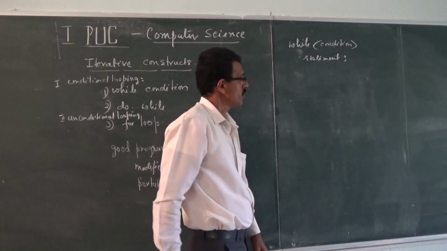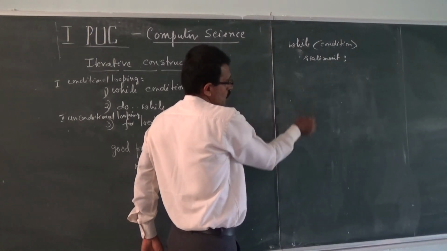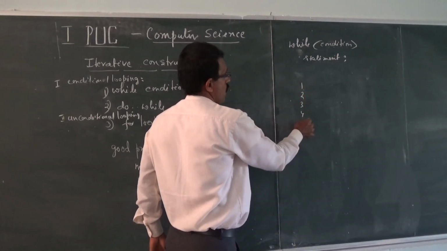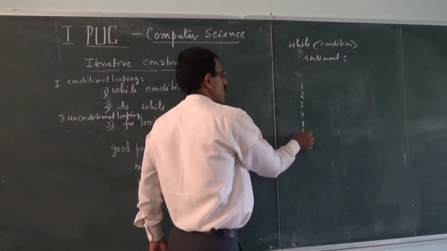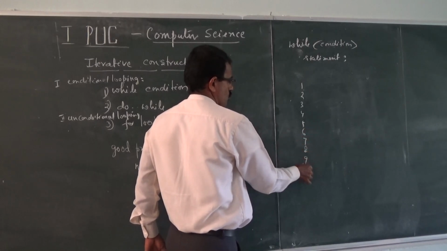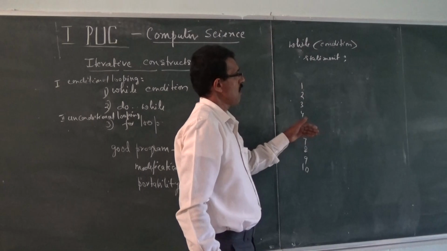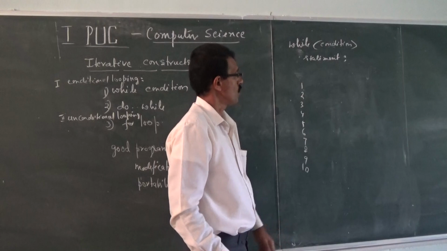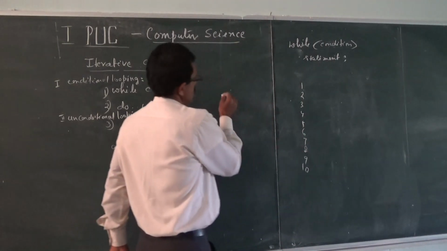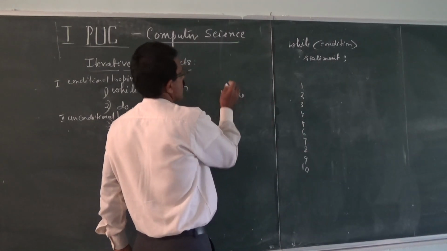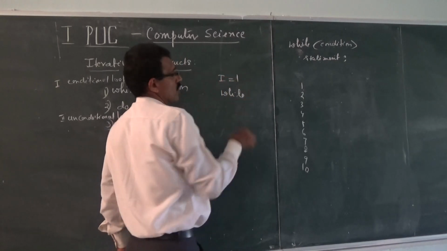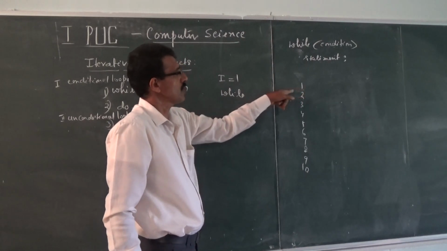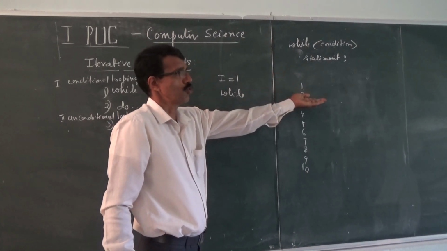For example, if you decide to generate natural numbers 1 to 5, like 1, 2, 3, 4, 5, or 10 natural numbers, by applying this logic you can generate the procedure. How? For example, I is equal to 1, the initial value of the count.